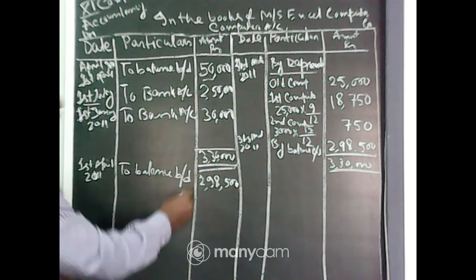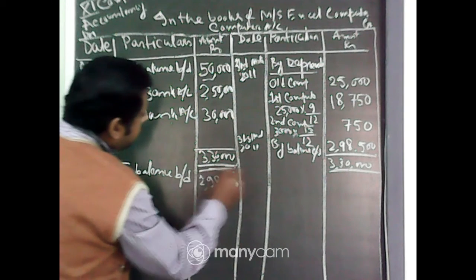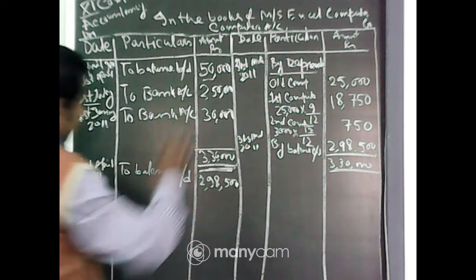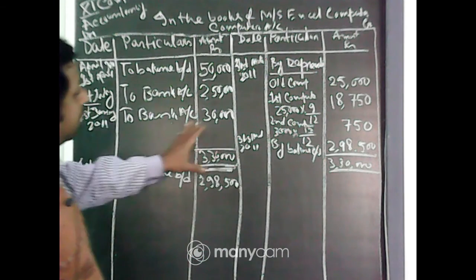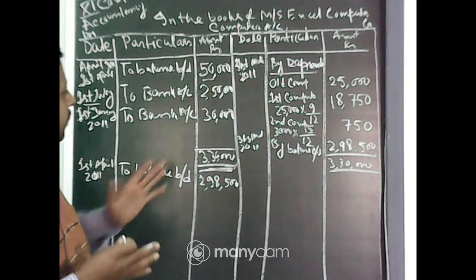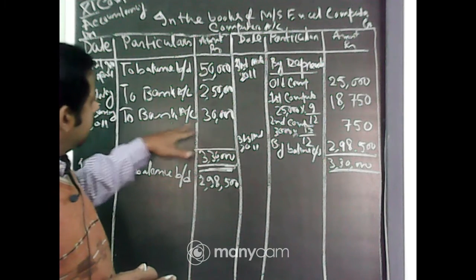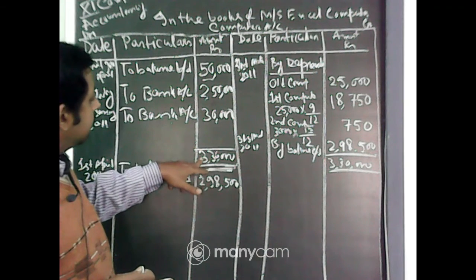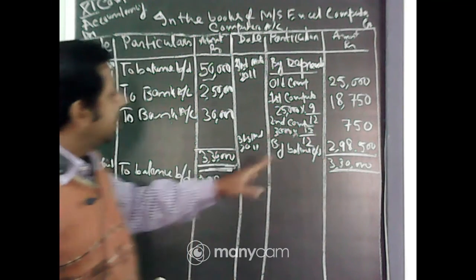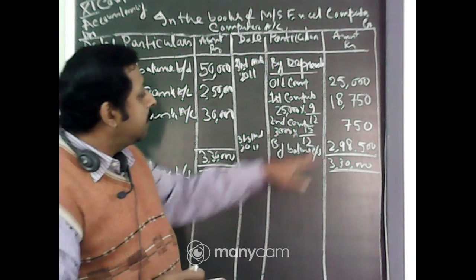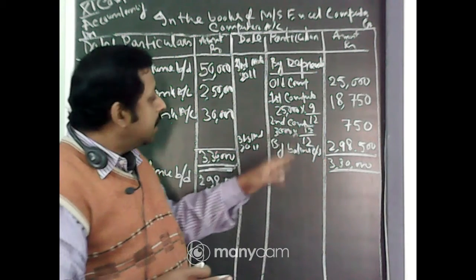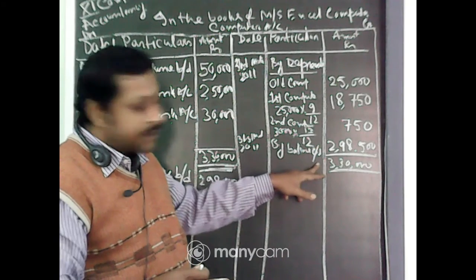So, this side is more, that is the total value will be the same on both sides. The debit side is more. So, the total value we first write, in which side the value is more, first we have to decide. Here you can easily see, the debit side is more. So, 3,30,000 we will write on the debit side, and we will again write on the credit side also. Then, on which side the balance is less, that balance you have to write down, because we know debit equals credit and the balance should be in CD.